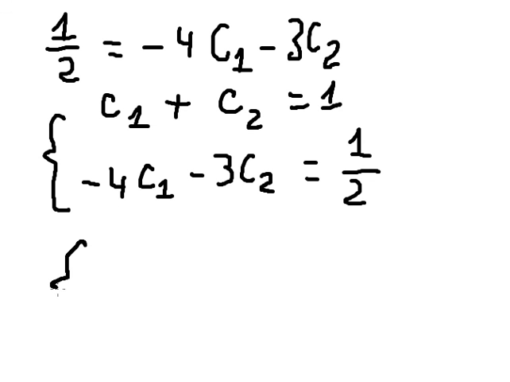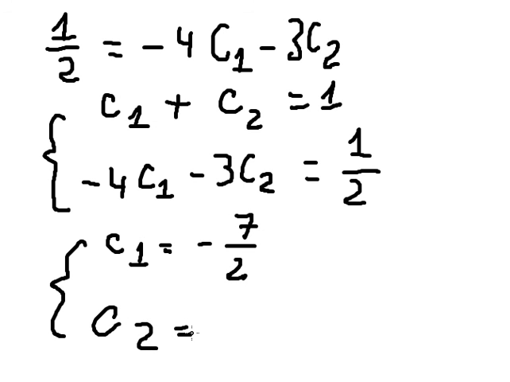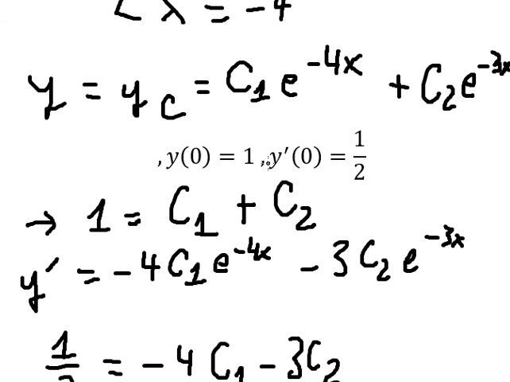So we have c1 equals negative 7 over 2, and c2 equals 9 over 2. And now we put c1 and c2 in here.